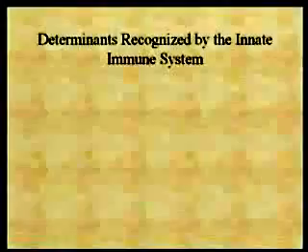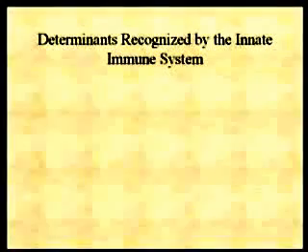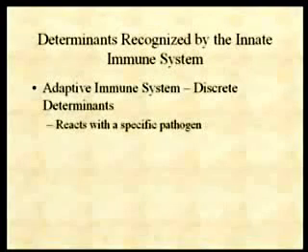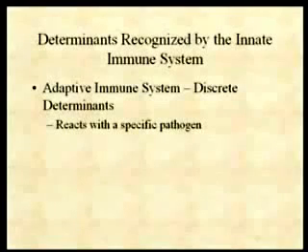All right, and I want to finish by just talking briefly about some determinants recognized by the innate immune system. So we'll take a step back and go back to the innate immune system and try to compare what the innate immune system recognizes versus what we have in the adaptive immune system. In the adaptive immune system, we're recognizing very, very discrete determinants that are very specific to a pathogen.